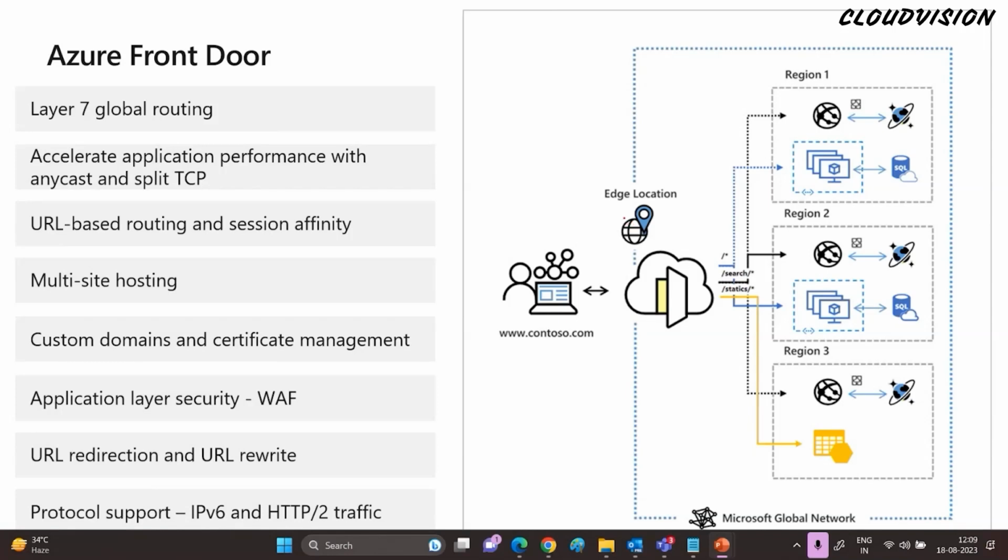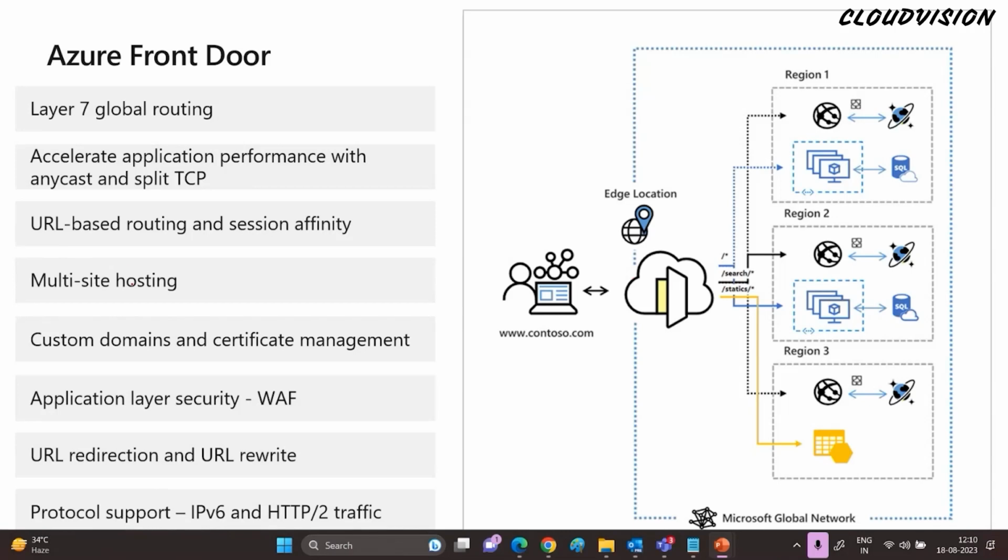You may have heard about CDN locations, edge locations, POP locations. So Microsoft has almost 130 POP locations all over the world. Whenever users try to access the application, the redirection will take place. Using the POP location, your request will be routed toward the appropriate backend.